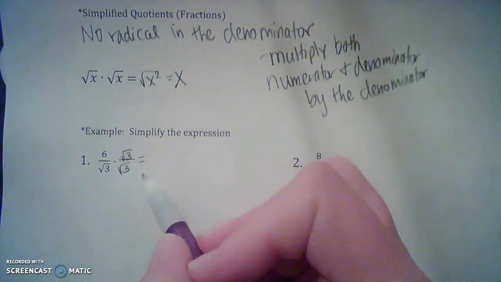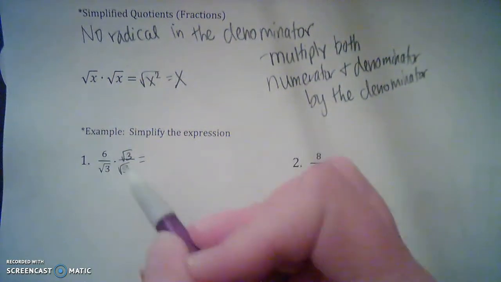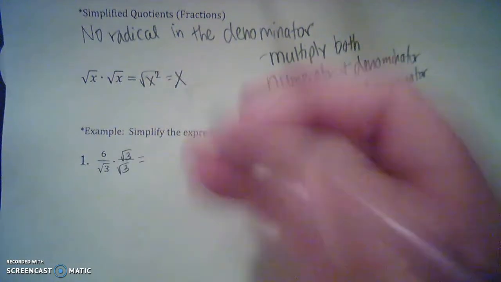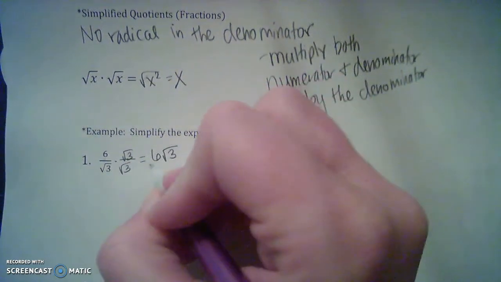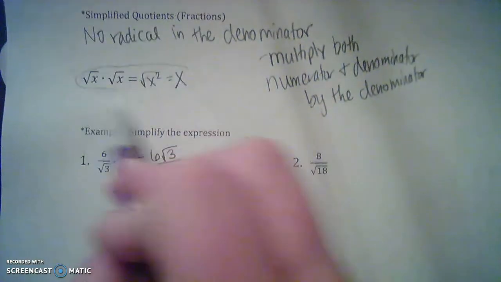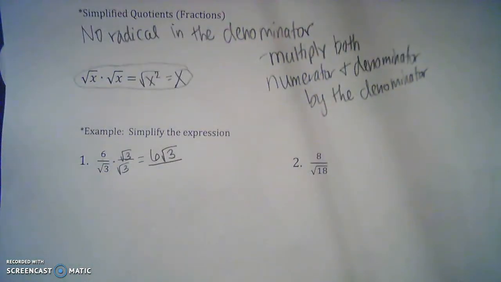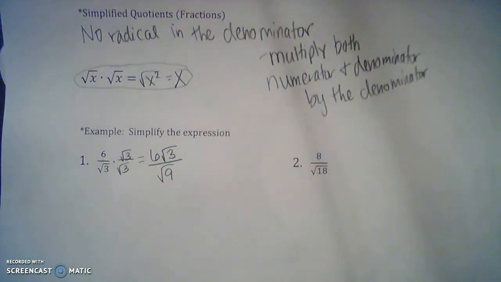So what we learned with multiplying is, since this does not have a square root sign and that does, you just rewrite that as 6 square root of 3 over, now this is the part where hopefully you get to the point where you can just remember that this happens. Otherwise, if you need to take that step, that becomes the square root of 9. Now obviously that looks really not simplified.